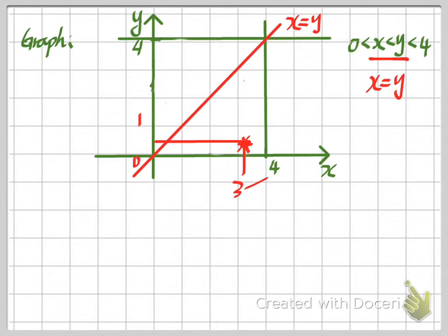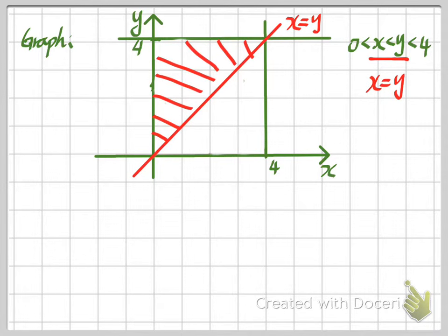So for the region under the line, this is something we don't want, because x is too large. In other words, what we want in this question is the part above our red line, while still making sure x and y are between 0 and 4. So what we need is the shaded part. The shaded part is the region we want.